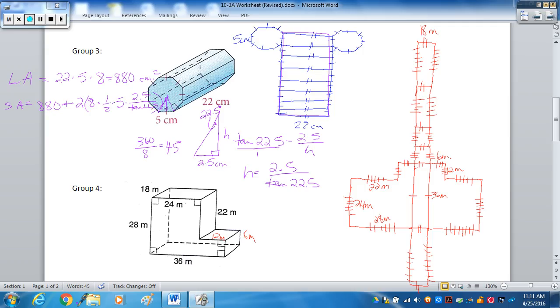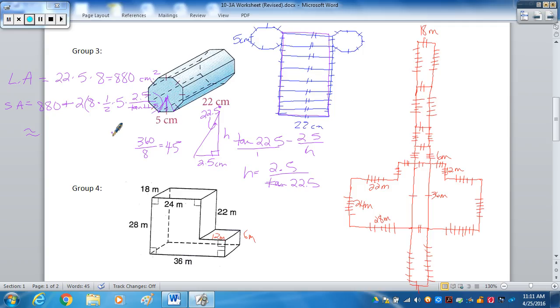So from there, let me think here. I may actually have to calculate that on my calculator. If you work that out, let's see what that's going to give us here. Okay.